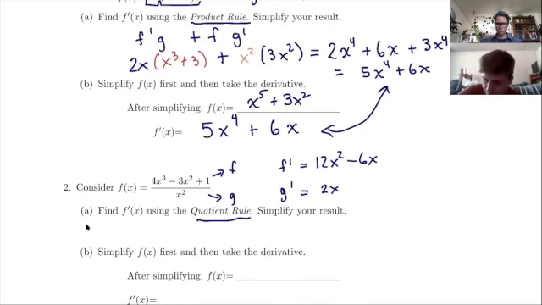Okay, and then if we put this all together, the quotient rule is F prime G minus F G prime all over G squared.